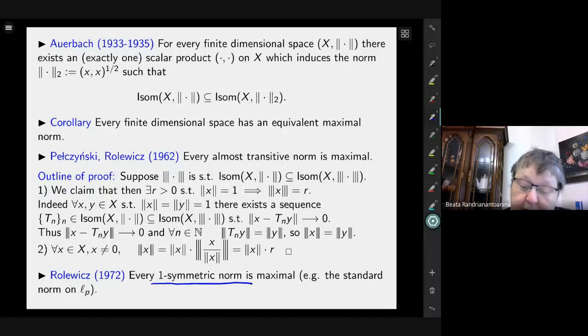For example, the standard norm on L_p, and we know many one-symmetric spaces, sometimes called rearrangement invariant spaces, like Lorentz spaces, sequence spaces, Orlicz spaces and many others.